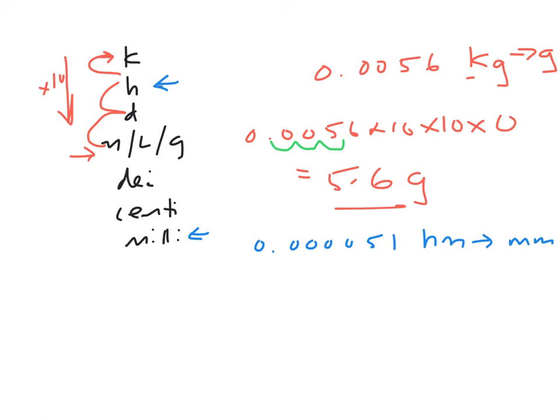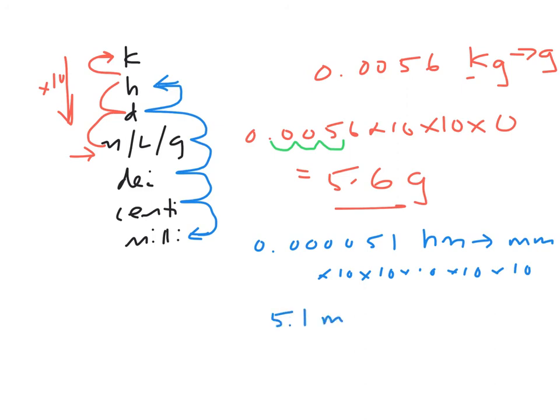So I have to go from hecto, 1, 2, 3, 4, 5. So I'm going to multiply by 10 five times, and I'm going to get 5.1 millimeters. So 0.00051 hectometers is 5.1 millimeters.